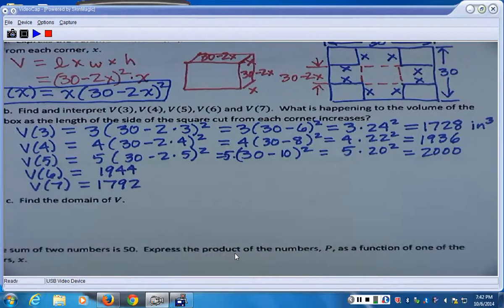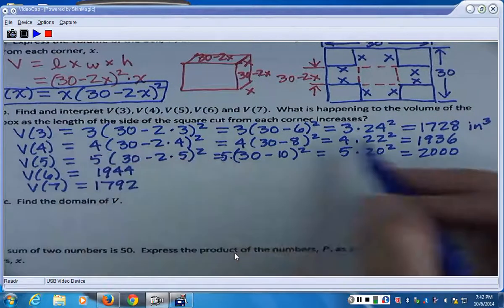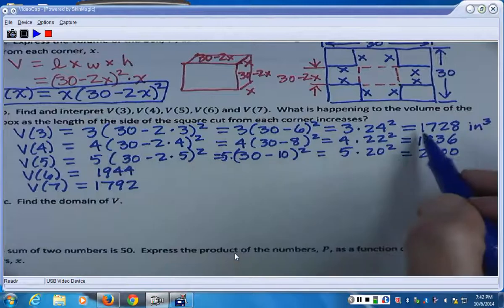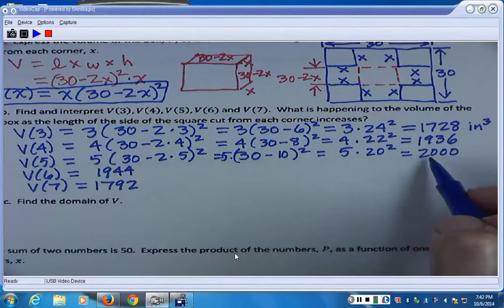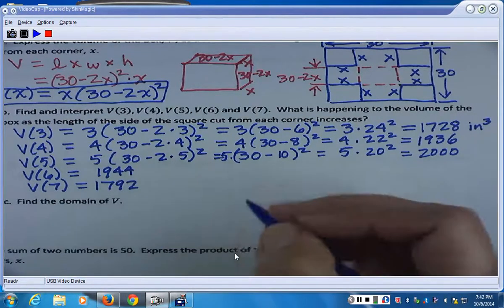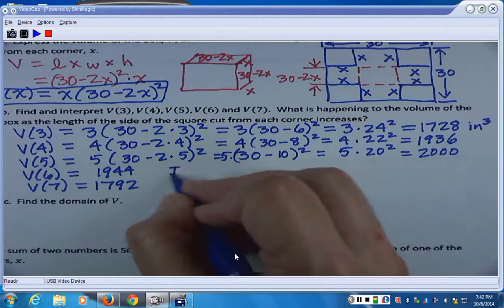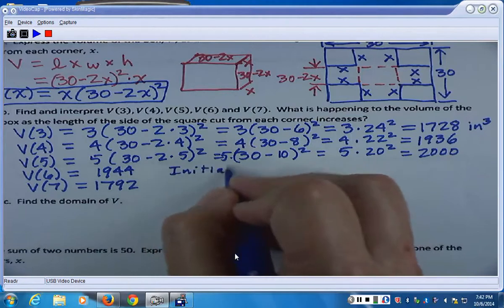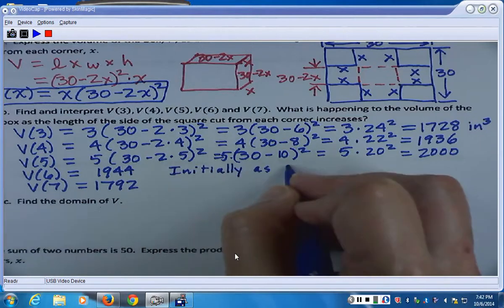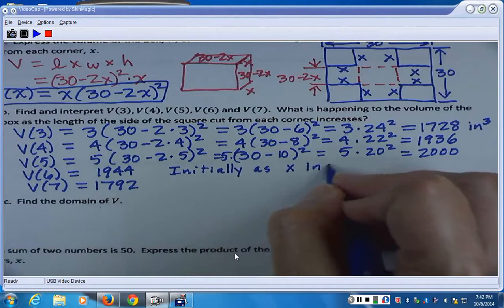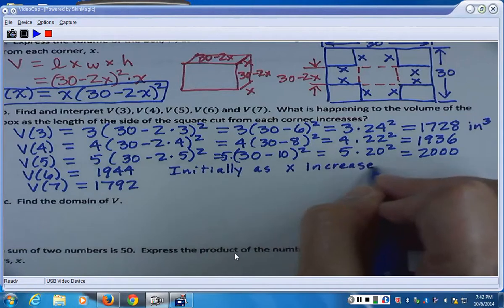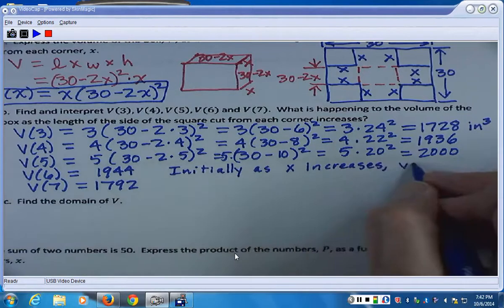So here's what's happening to the volume as the length of the side of the square cut from each corner increases. Well, when we go from 3 to 4, we're increasing, to 5 increasing, and then it starts going down. So initially, as X increases, the volume increases.